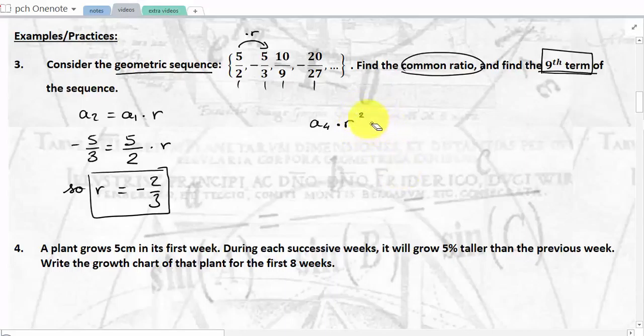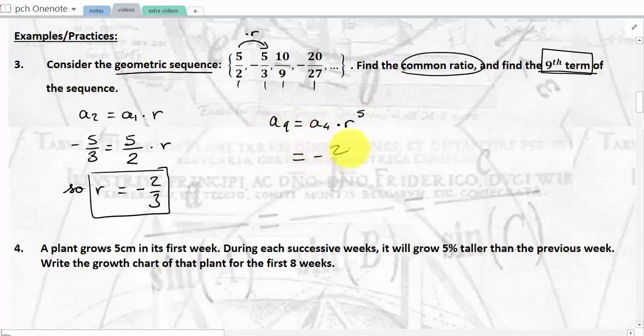That's A6. Multiply by R again. That's A7. Oh, I've lost track. Sorry. So this is A5, A6, A7, A8, A9. Here we go. I need to multiply by R 5 times. I need to multiply by R to the 5th. This is A9.